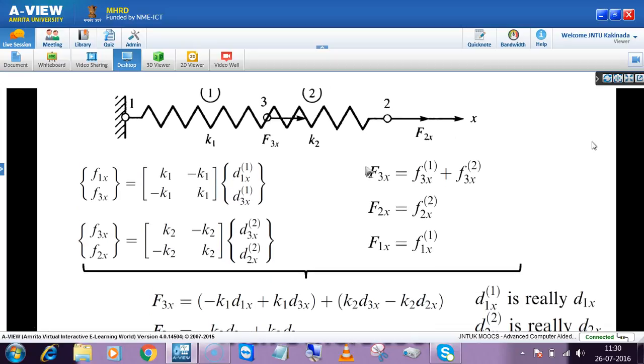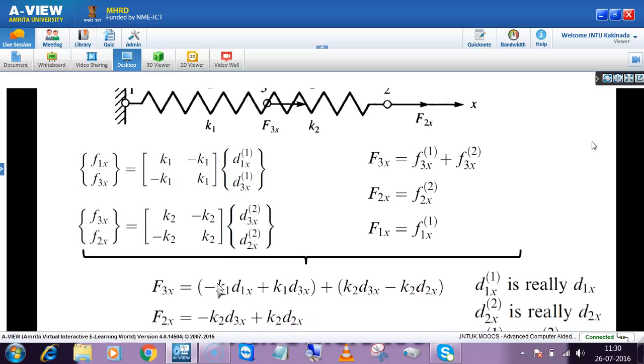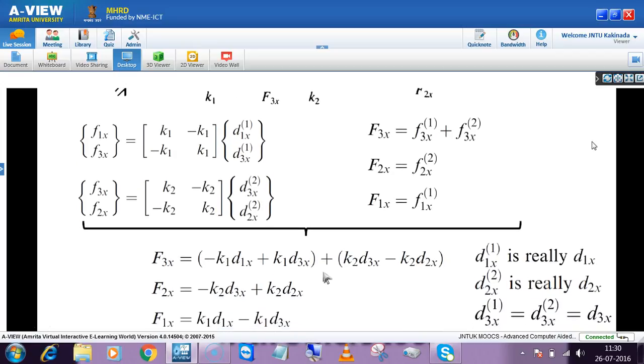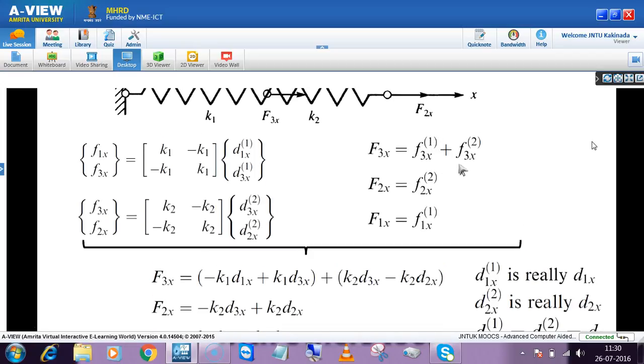When you put these forces in, F3x is F3x of element 1 plus F3x of element 2.